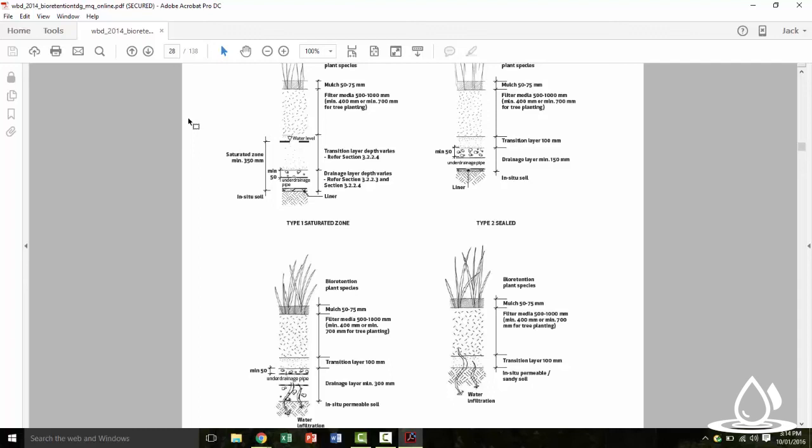As I said, it's important to know about these different types of drainage profile, what's going on underneath the surface in these systems, because it'll definitely affect design, because as I've talked about, different types of systems are more applicable in some regions than others, some situations than others, and so on and so forth.